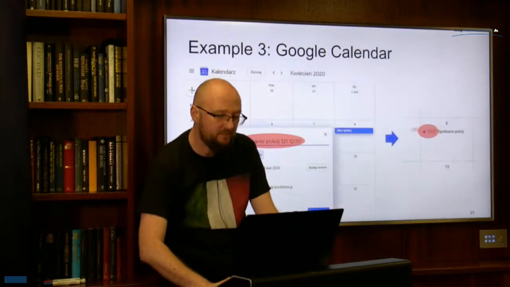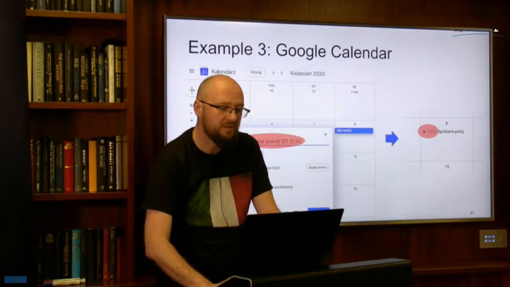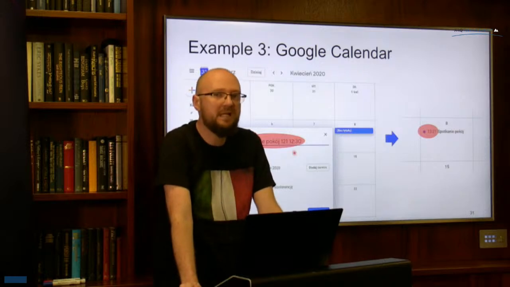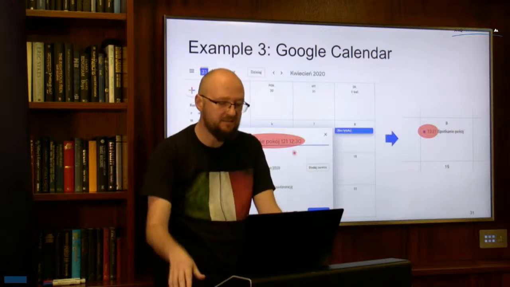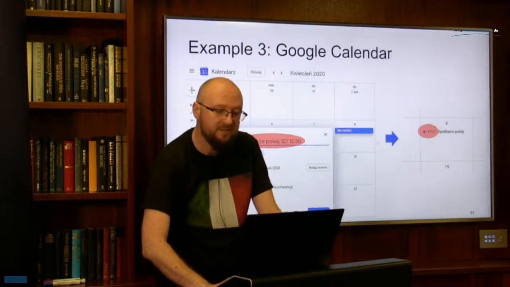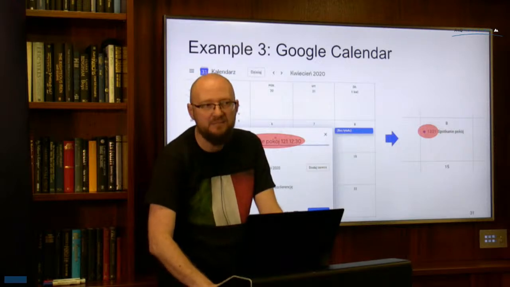Again, sorry for the Polish language, but I will translate it. If we have a meeting which is called meeting in room 1-to-1 at 12:30, if you do something like this in Google Calendar and press enter, it will create an event at hour 1:21. Why? Because it will treat this 1-to-1, this room number, as a time.